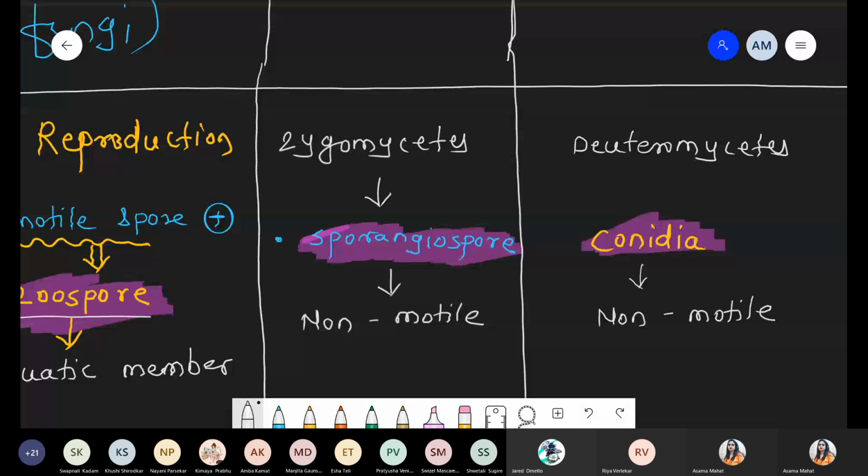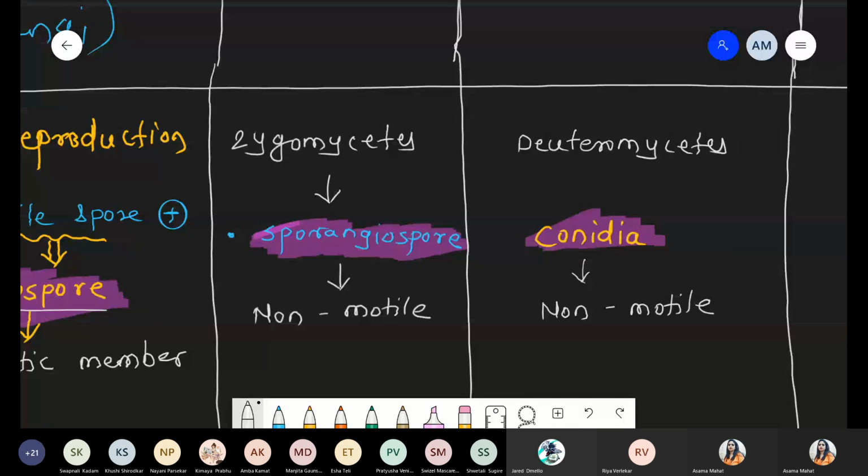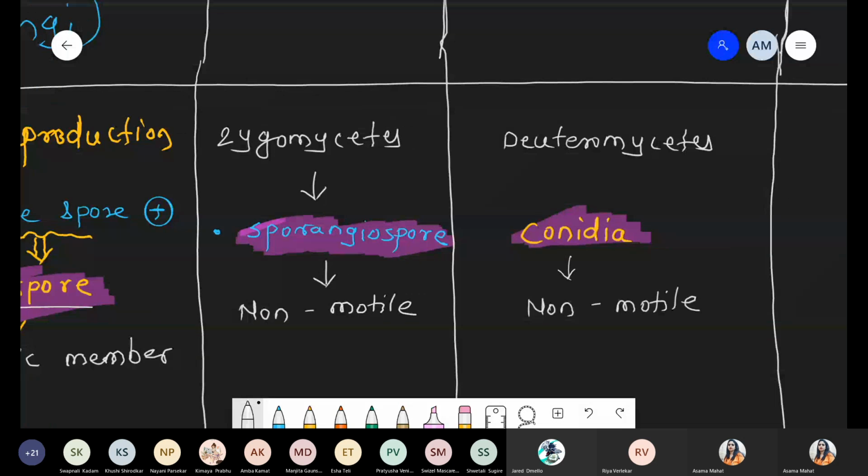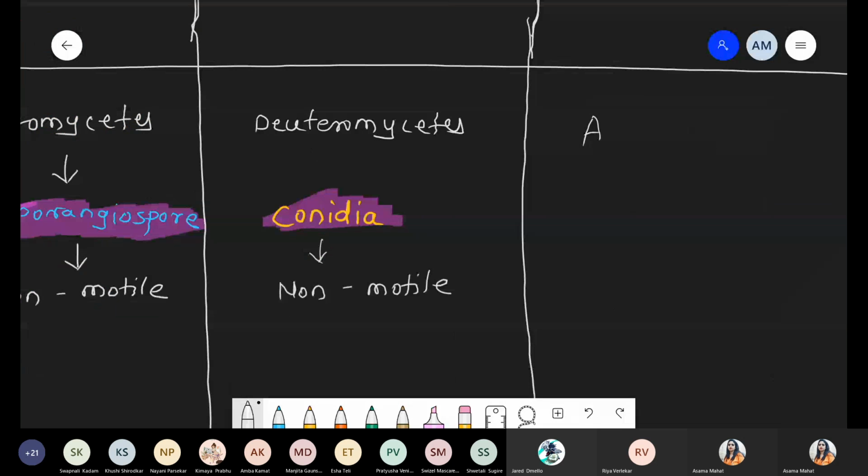Now same scenario for the ascomycetes. Under the ascomycetes also conidia are present. Spores are called conidia. And whenever you are using the word conidia, it means they are non-motile. Again, there is a presence of the spore conidia, and these conidia are also non-motile.